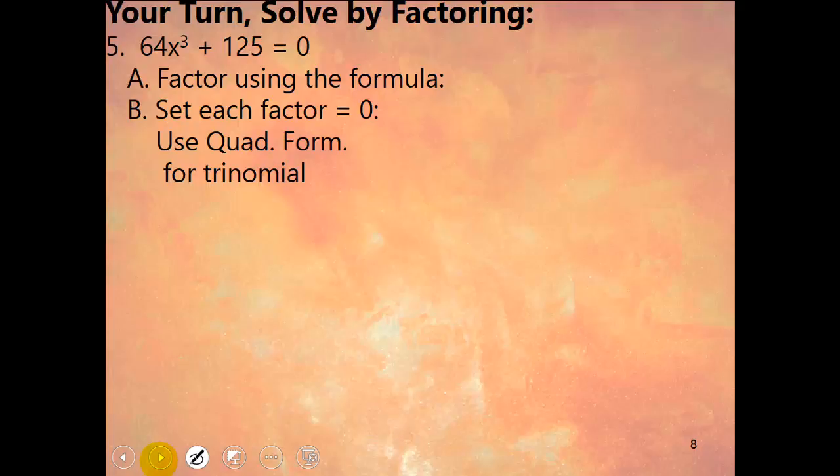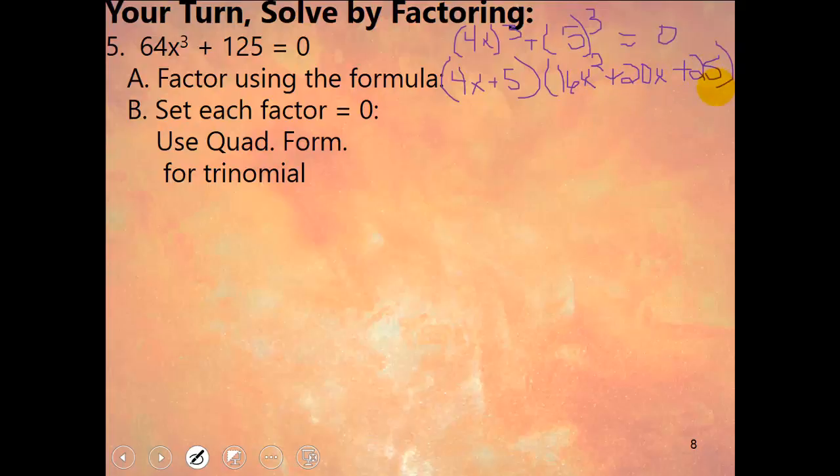All right, we have 4x that is being cubed, and we have 5 that is being cubed. Okay, and so we get 4x plus 5, and then we get 16x squared minus 20x plus 25.